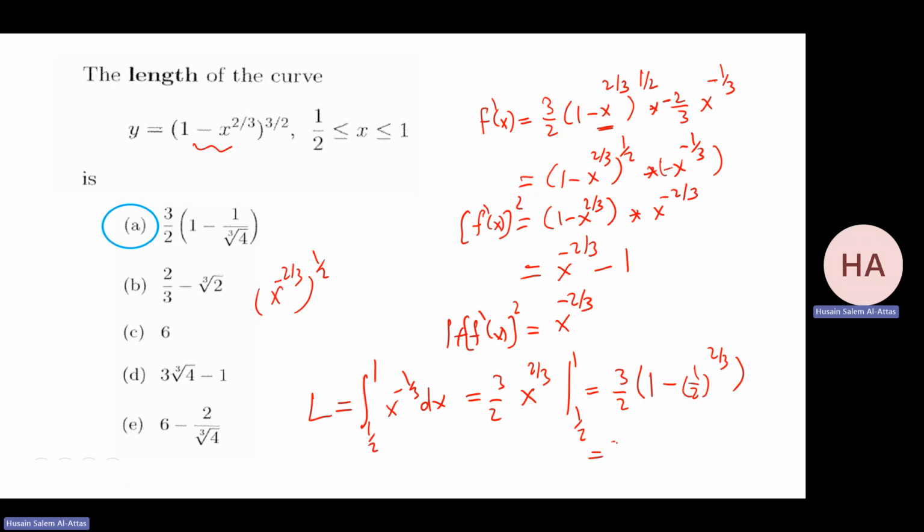And that is what? 3 over 2, 1 minus 1 over the third root of 2 all square, which is 3 over 2, 1 minus 1 over the third root of 4. Yeah, which is this.